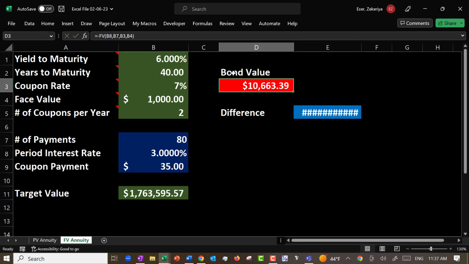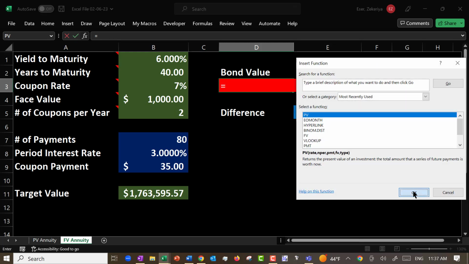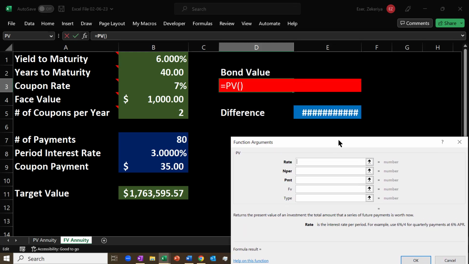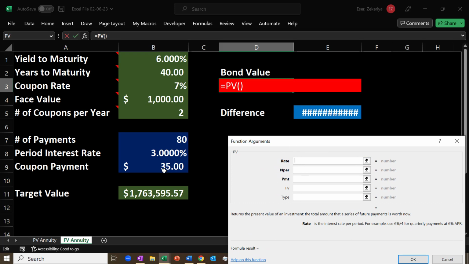I'm going to do it from scratch. Present value of the payments, right? Rate is period interest rate, and NPER is number of payments. PMT is coupon payment, and FV is face value.